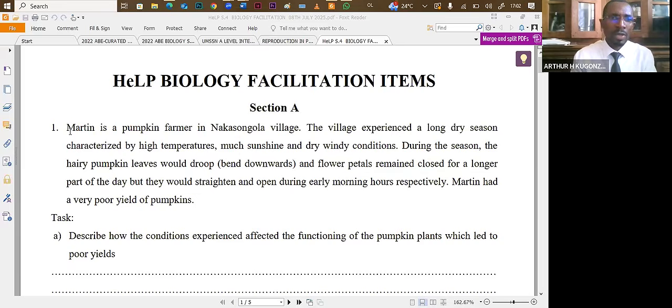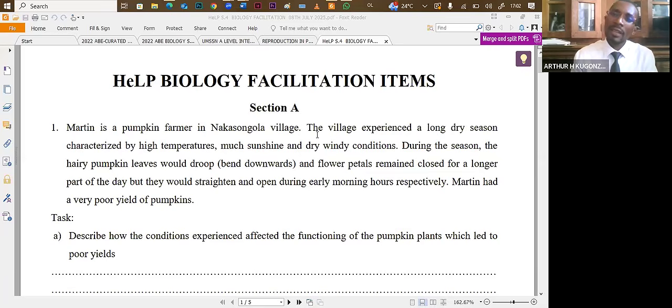I'll read afresh. When you're interpreting these scenarios, please also take time and repeat everything from the first word. So Martin is a pumpkin farmer in Kasongola village. There is nothing in that statement because we need, how did these plants survive? So in this statement, there is nothing.